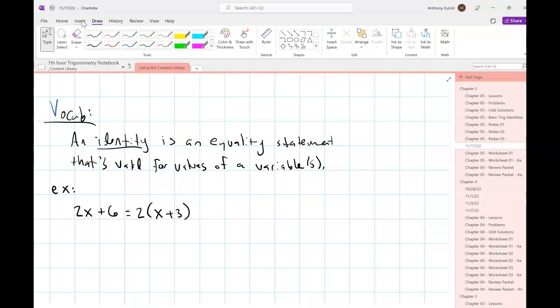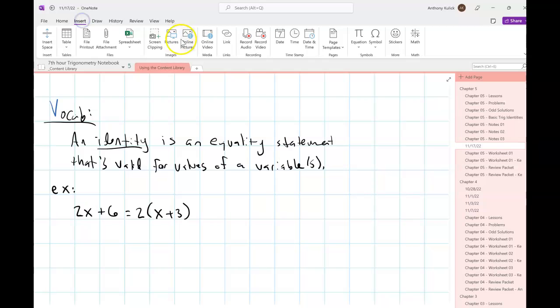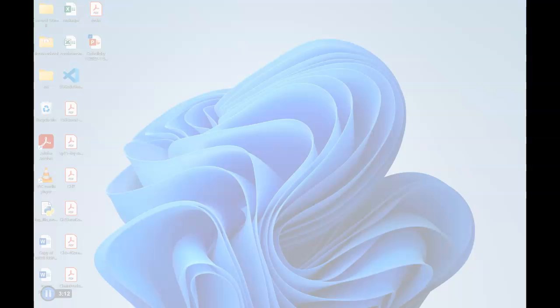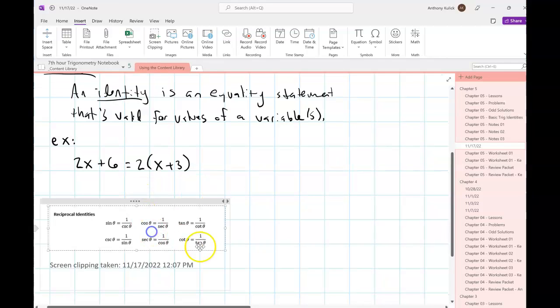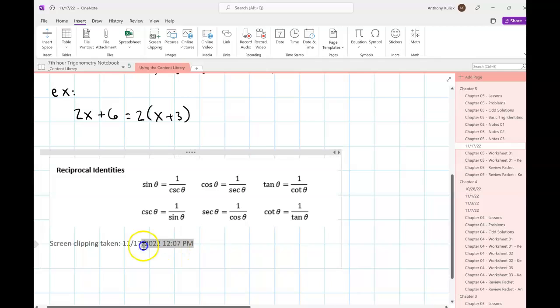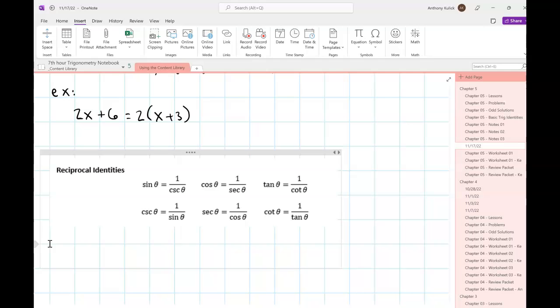And the same thing with secant and cosine, and with tangent and cotangent. So we're going to formalize those into what we call the reciprocal identities, and just say the following, that sine is 1 over cosecant and cosecant is 1 over sine, and so on and so forth for all of these.